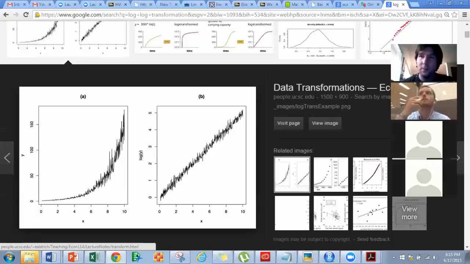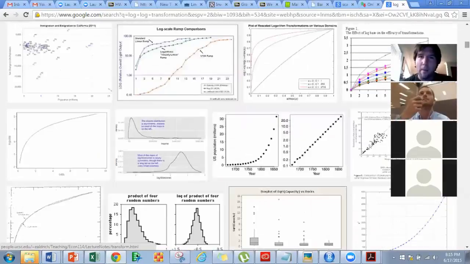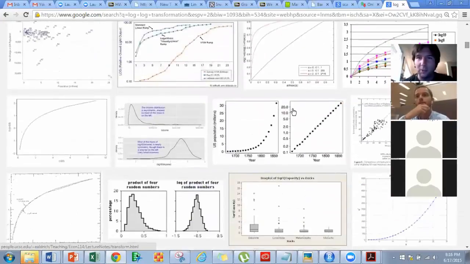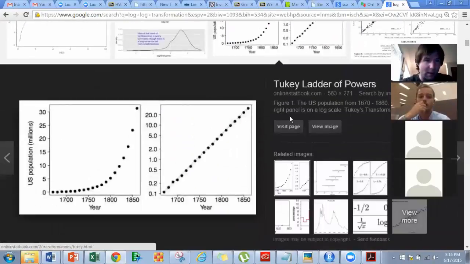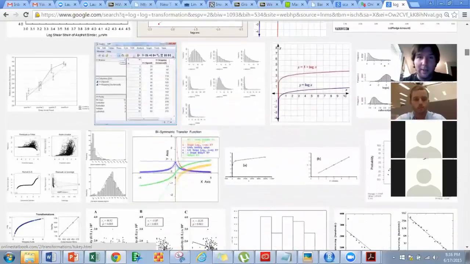With the codes we have, we have the ability to do this. They're showing before and after log transformations again here, U.S. population in millions. If you look at it by a log, it just follows a nice log pattern there. It sucks in all high values.